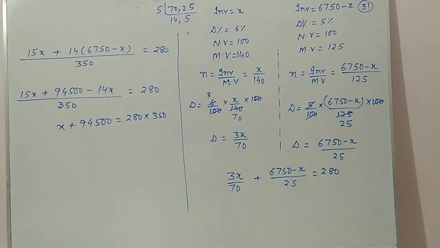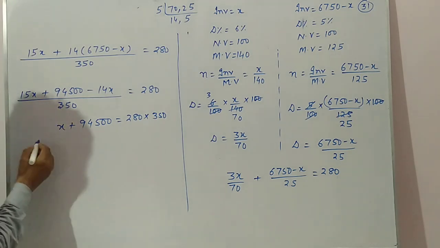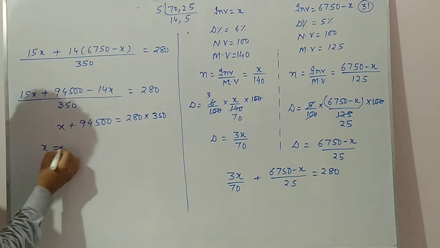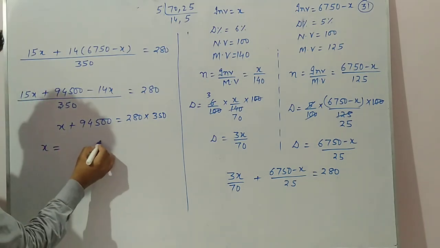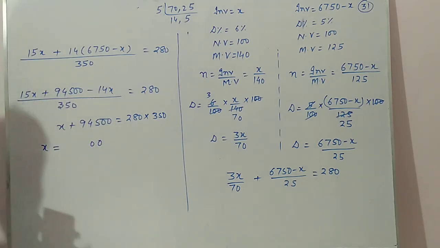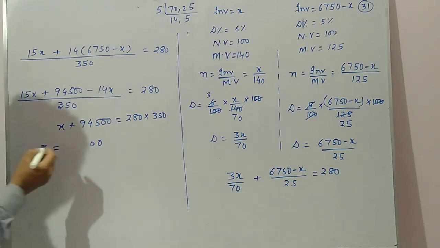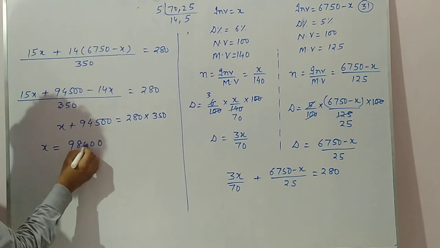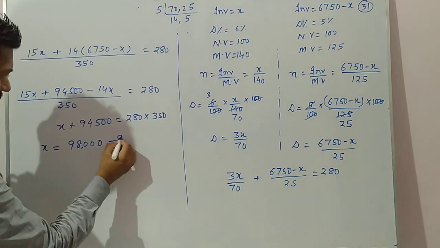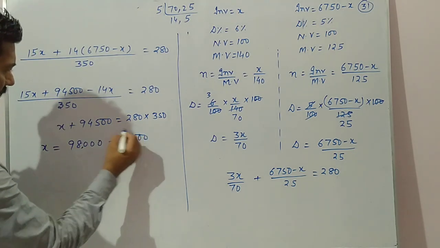Okay. So this is x equal to 28 into 35, 98,000, minus this 94,500.